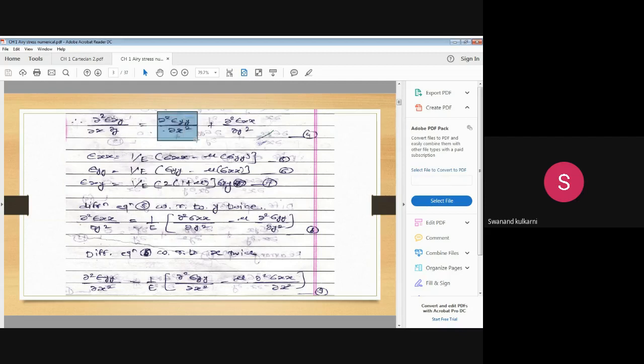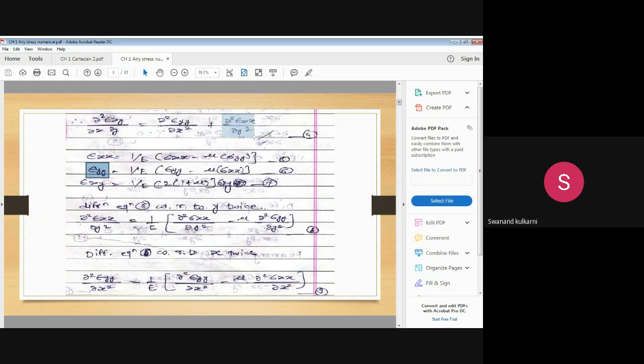If we look at equation number 4, this is the form: strain along the y-axis is differentiated 2 times with respect to x. Here also we will need to differentiate this term epsilon yy 2 times with respect to x.